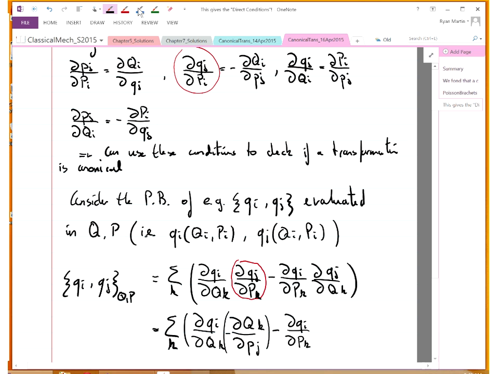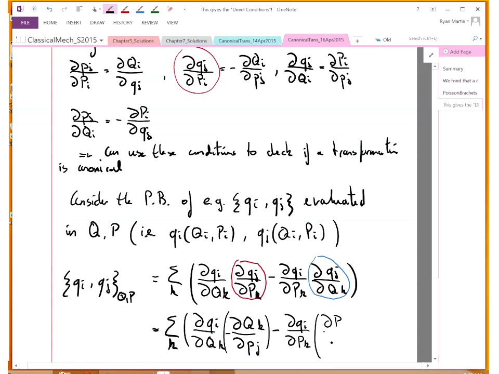Everybody okay with that? Do the same thing with the other term. So the other term is minus ∂qi/∂Qk ... I'm going to keep the ∂qi by ∂capital Pk. And then the term I'm going to swap out using the direct conditions is this term here.